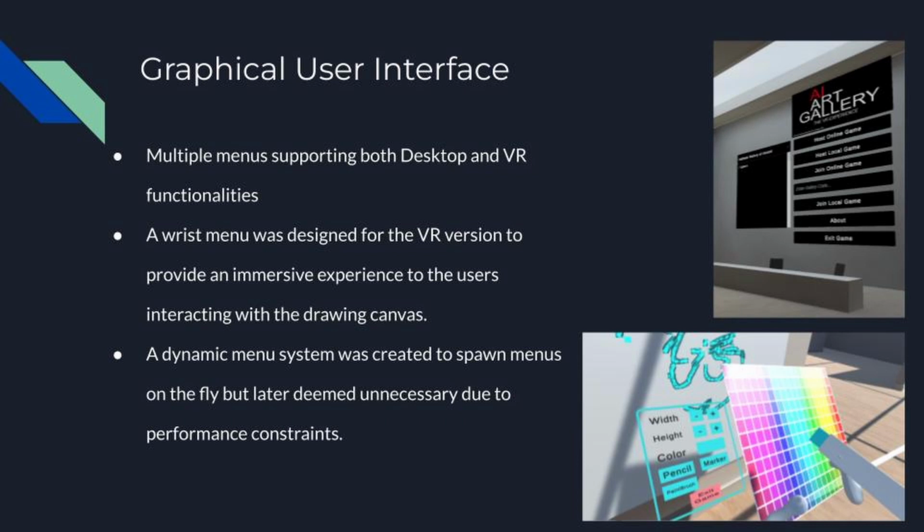For example, the wrist menu was created specifically for the VR headsets to make the drawing experience more immersive for the users. A dynamic menu system was created to spawn menus during runtime, but it was later deemed unnecessary due to the performance constraints. We later realized that recreating the menus and disabling and enabling them during runtime was far more efficient than creating the menus on the fly.